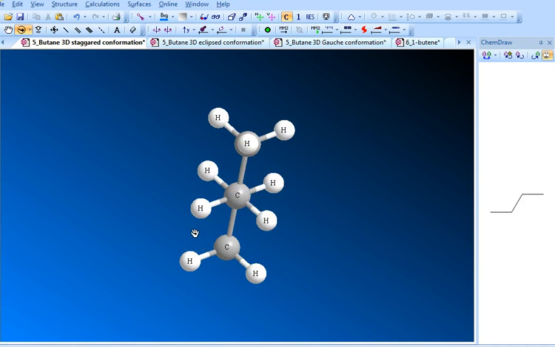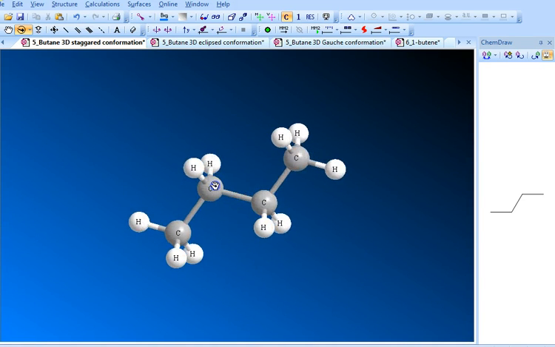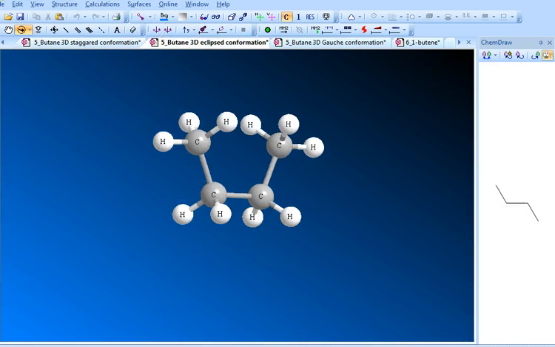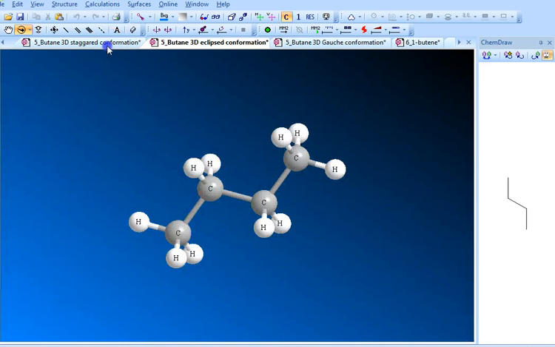Clear on this one? Now let's see the eclipse conformation. What we're going to do is rotate this carbon-carbon single bond between carbon 2 and carbon 3.